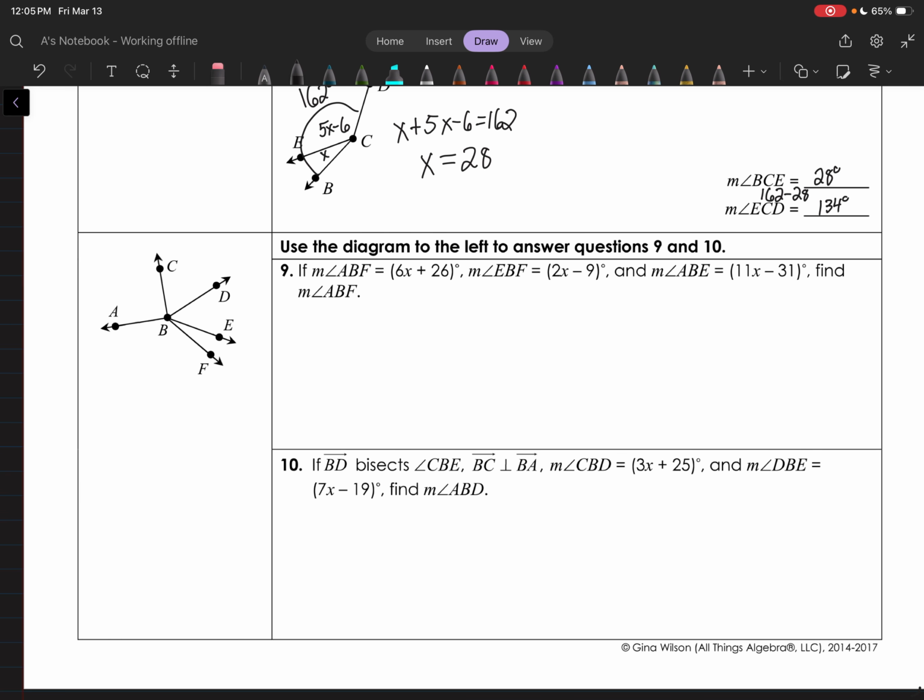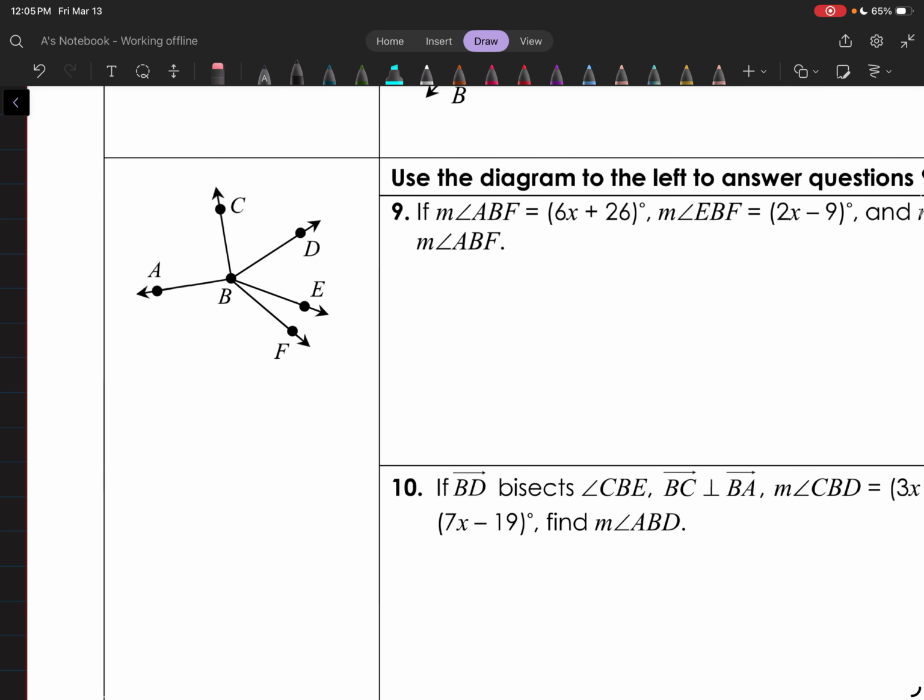Use the diagram on the left to answer 9 and 10. Measure of angle ABF. Actually, I'm going to read this real quick, see which one is harder. I'm going to go with number 9 is harder. ABF is 6x plus 26.